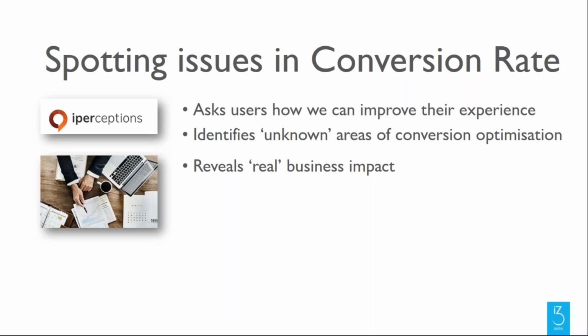But it might be that the average transaction value or the quality of the inquiries that you're producing aren't as good. That might lead you to the question of, are you passing on inquiries or sales too early? Is there more we could be doing to qualify that journey, to extend the value that we can get out of that conversion, and therefore produce a better result for the business that we work for?